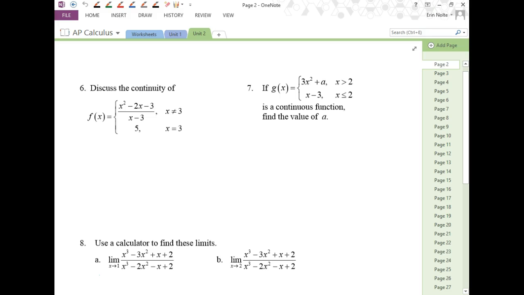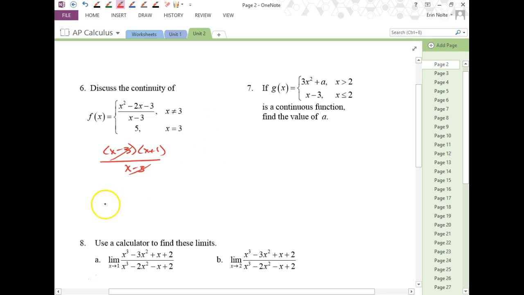The other way you could have done this is you could have factored the top part. So x squared minus 2x minus 3, what does that factor into? x minus 3 and x plus 1. So if you have that over x minus 3, they cancel.